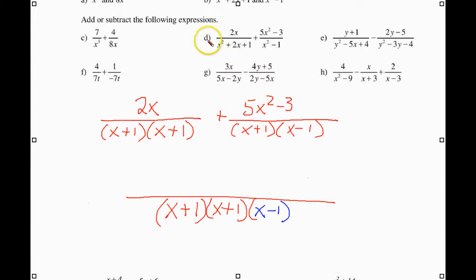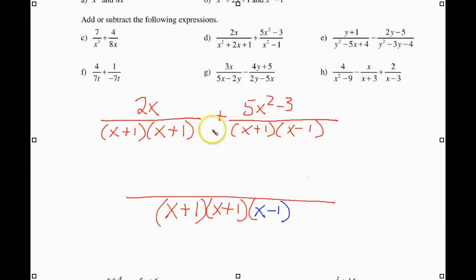Now in looking at letter D, this is what we had done up there. This was our denominator for this, our denominator for that. We said we had to factor this, and we factored the difference of perfect squares. By the way, this is a perfect square trinomial. It would be this squared, which we use 2, and we have this.